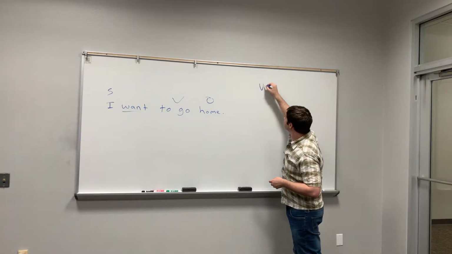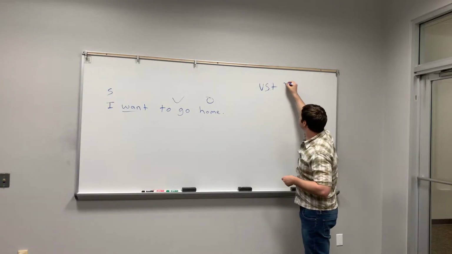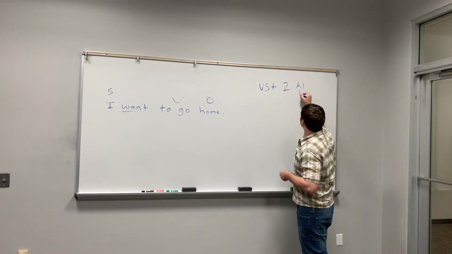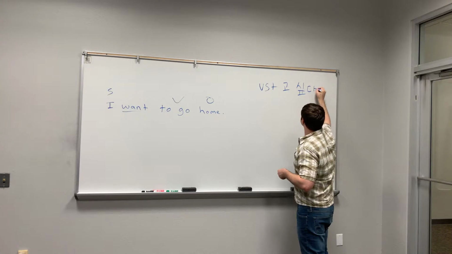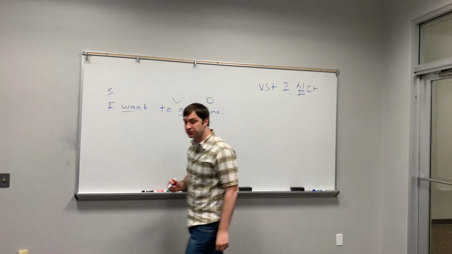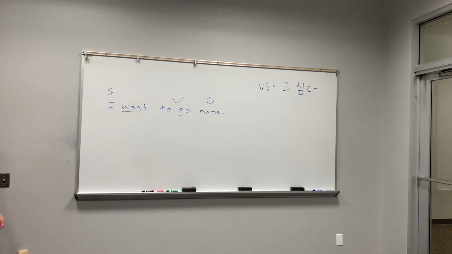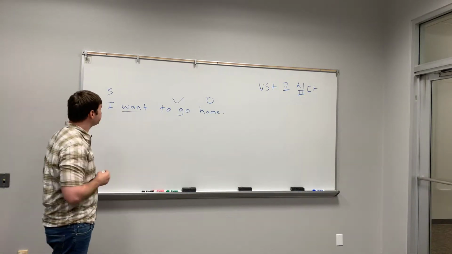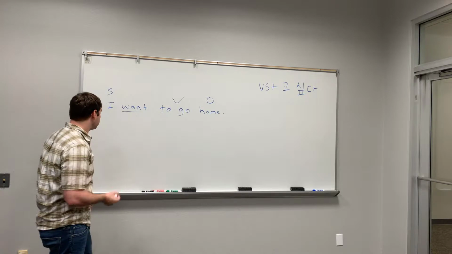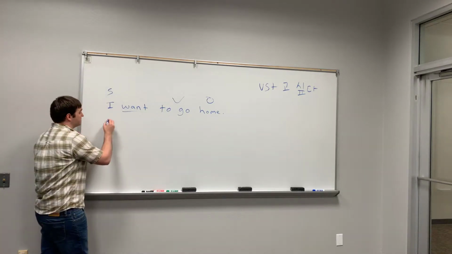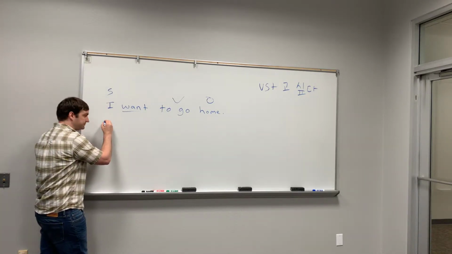Good. So verb stem plus goshipda. Okay? Verb stem plus goshipda means to want to. Okay, this is the want to form. Alright? Okay, so let's see if we can make a sentence out of this. So, first off, I.